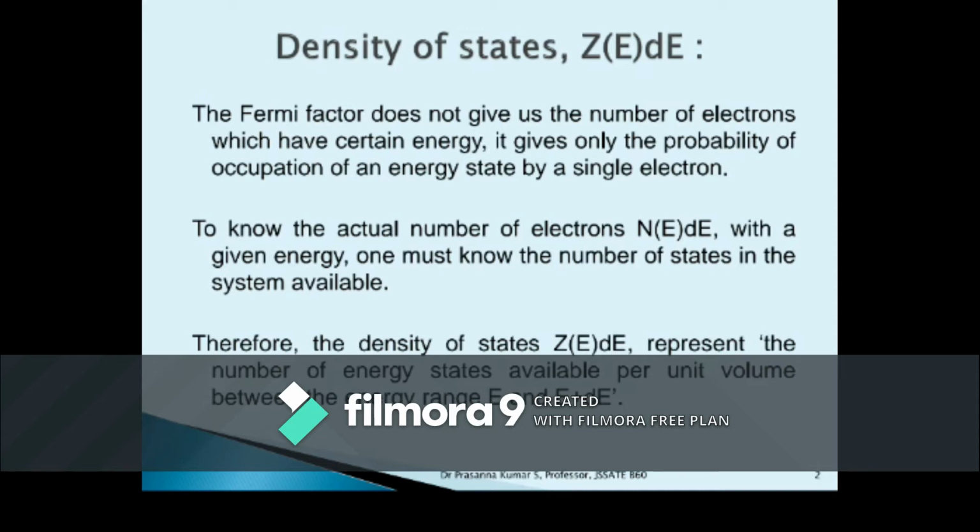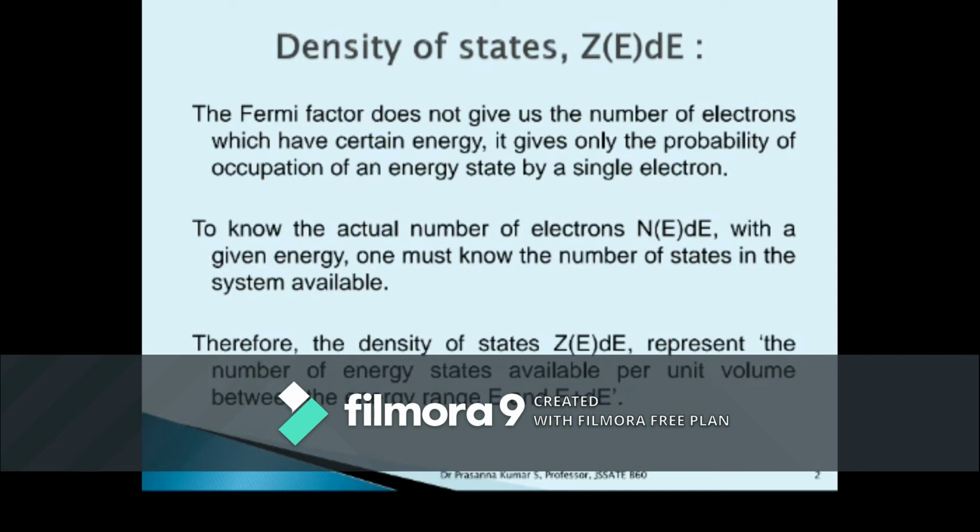To know the exact or the actual number of electrons, we use the notation N of E dE. So N of E dE represents the number of actual electrons in the energy range dE. Taking a small energy range in the energy band, within that small energy range, how many actual electrons are present can be calculated.